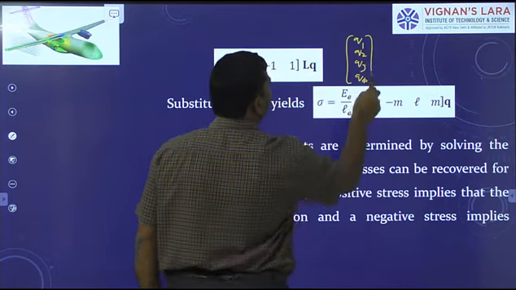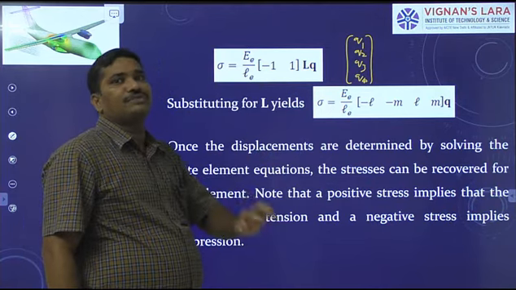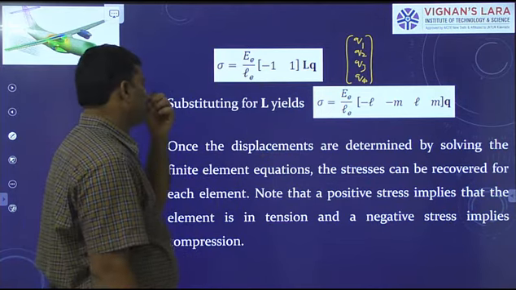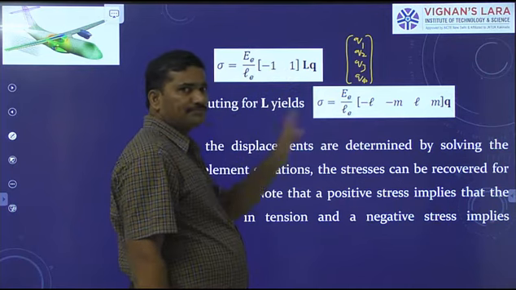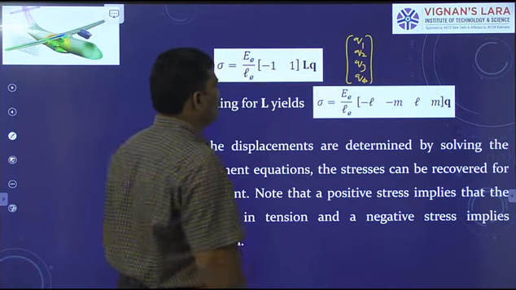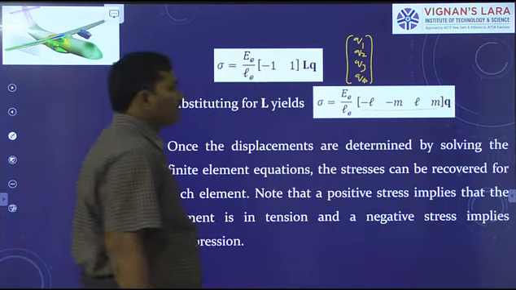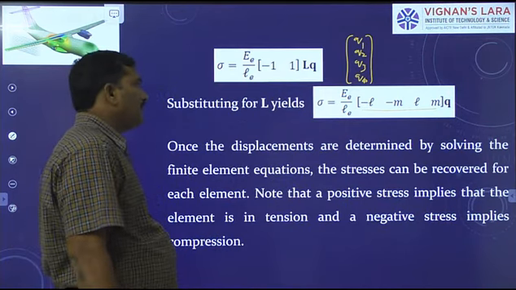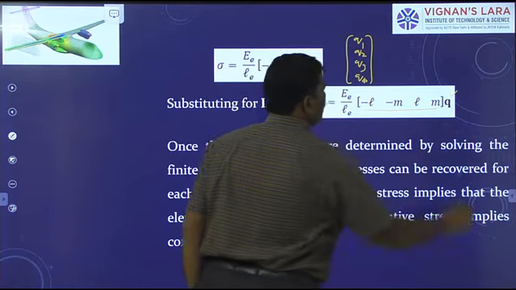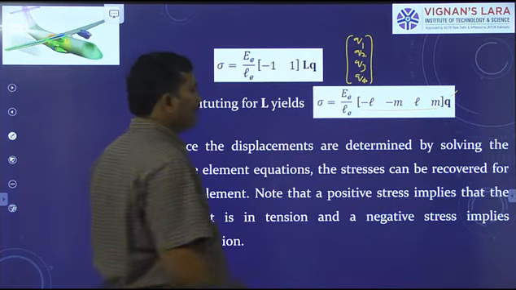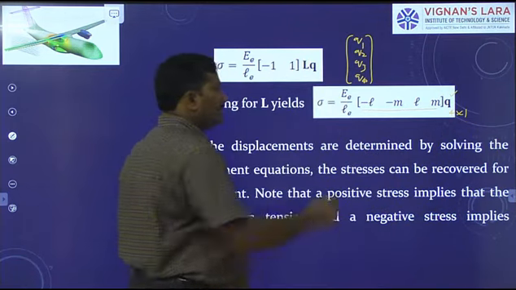These are the elements of the displacement vector defined with respect to global reference frame OXY. Now, when you multiply, you get stress in the truss element sigma equals E by LE into a row matrix with elements minus L, minus M, L, M into the element displacement vector Q of size 4 by 1, remember, of size 4 by 1.